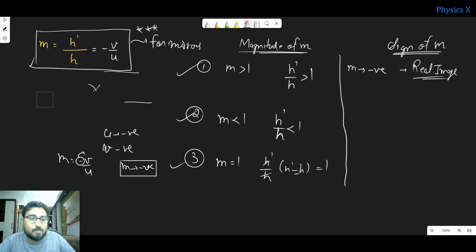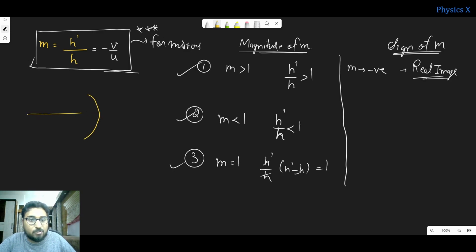Now let us see this one also, in the concave mirror itself. This was your principal axis. Let us say this is your pole and F and C. When I put the object here, I was observing the image somewhere here. Now if you see the distance, this is your U, but what is V? V is this. So in this case, U is negative, but V is positive.